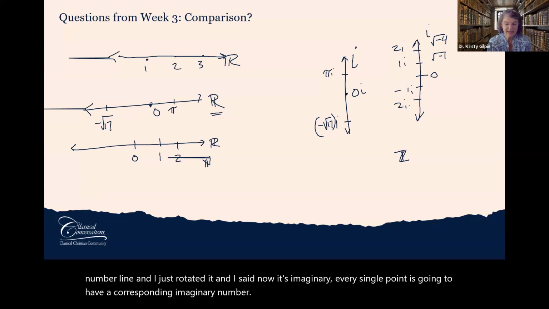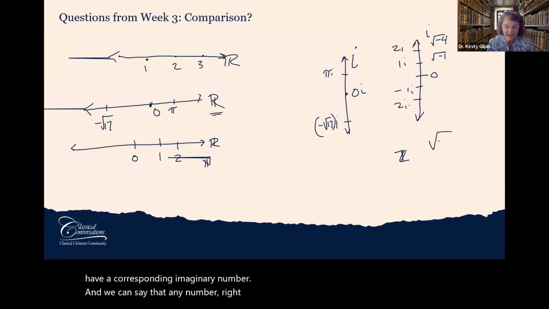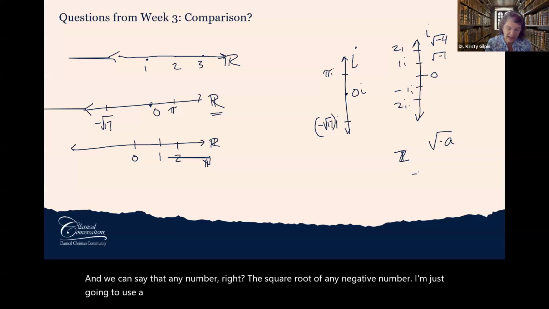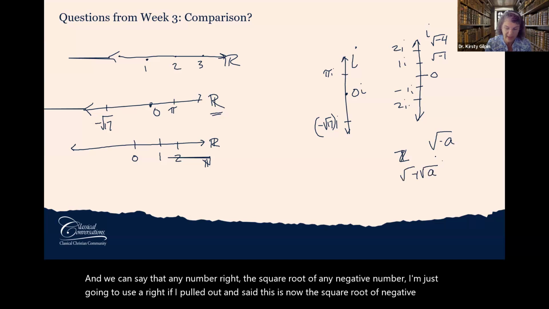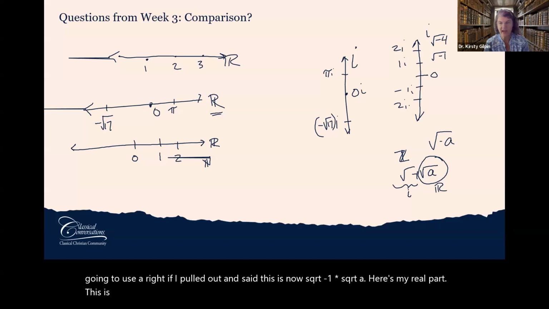And we can say that the square root of any negative number, I'm just going to use a, well, if I pulled out and said, this is now the square root of -1 times the square root of a, here's my real part. This becomes my i.